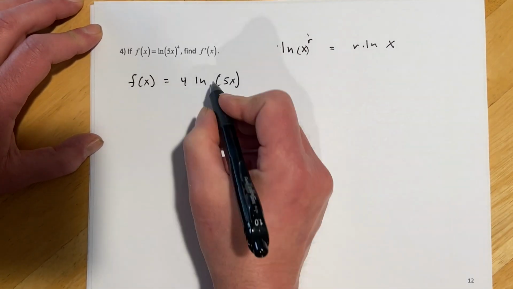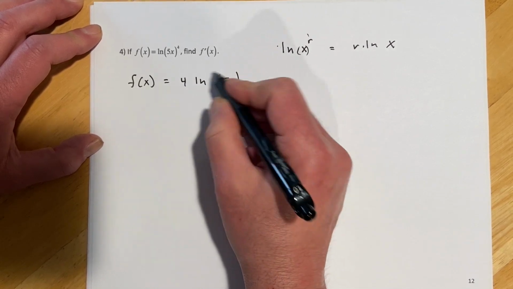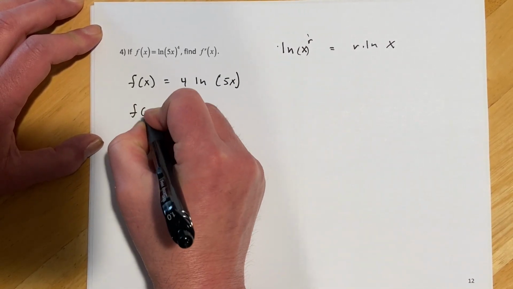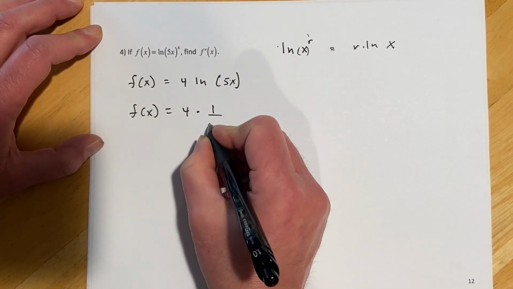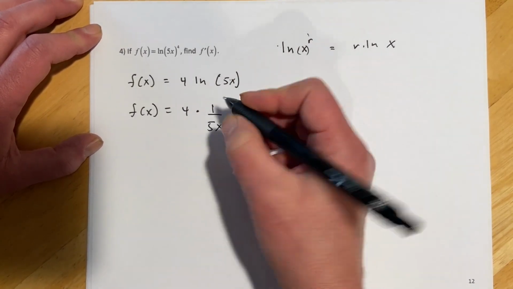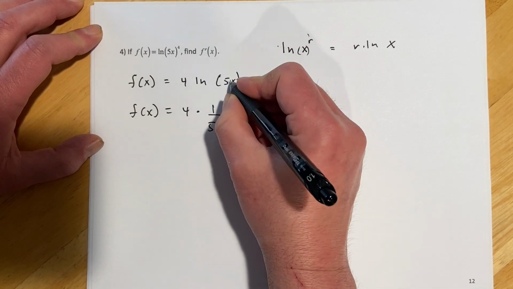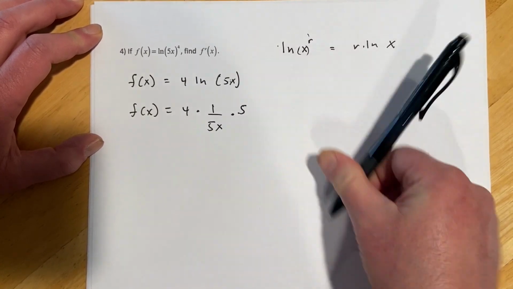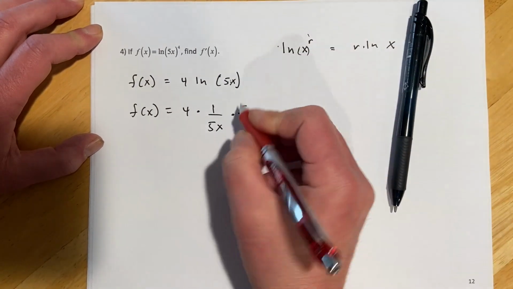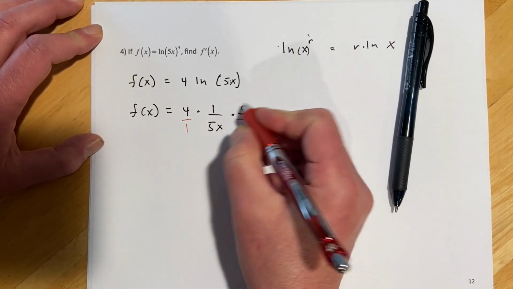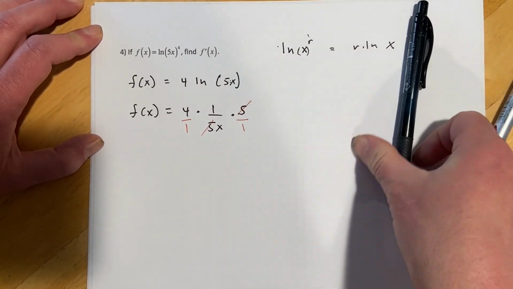And now I can just do my derivative here. So f prime of x equals 4 times 1 over 5x times the derivative of 5x, and the derivative of 5x would be 5. And then, think of them as over 1, and the 5's cancel.